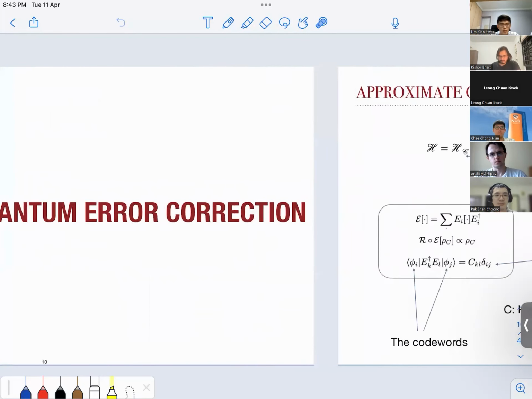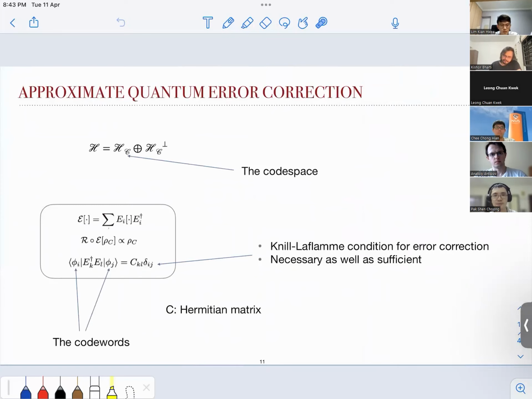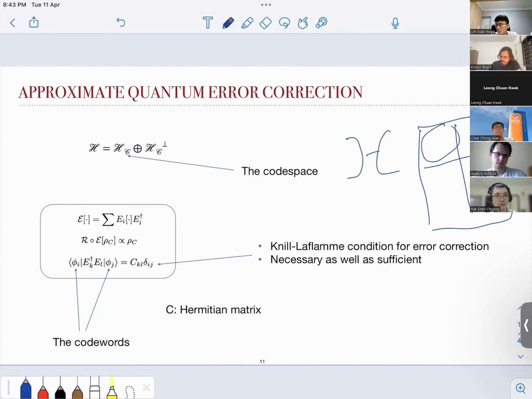So we know that in the error correcting codes that we discussed, you have this whole Hilbert space. Let's say the Hilbert space is this big room, but your code is basically a subspace, and if your quantum state goes anywhere else, it has some error.